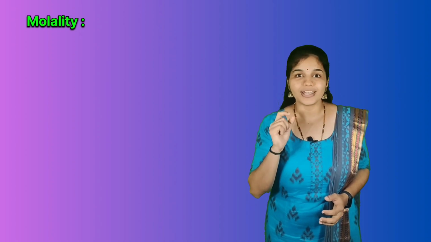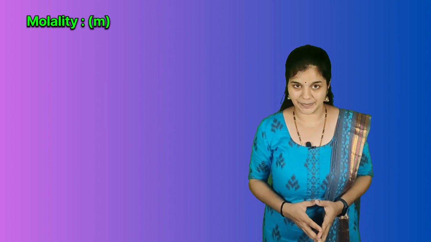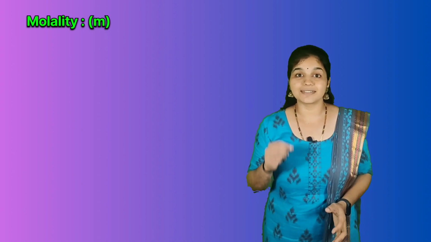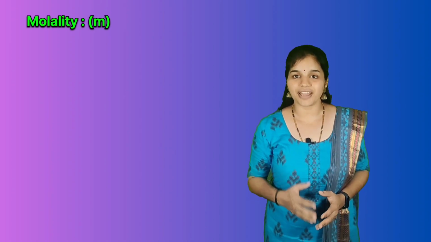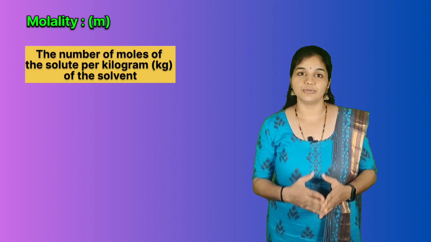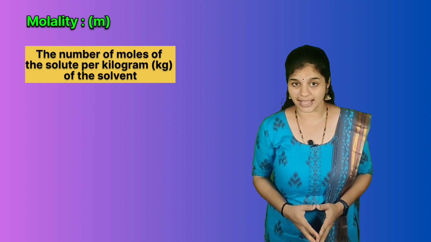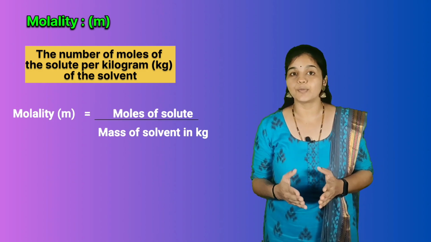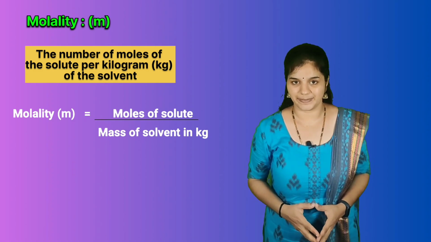Molality. Small letter m is used to represent this term, molality. Previously we have studied molarity and now this is molality. It is defined as the number of moles of solute per kg of the solvent, and it is expressed as molality is equal to moles of solute divided by mass of solvent in kg.